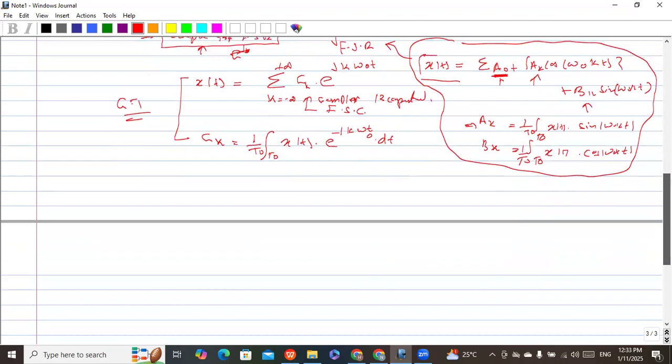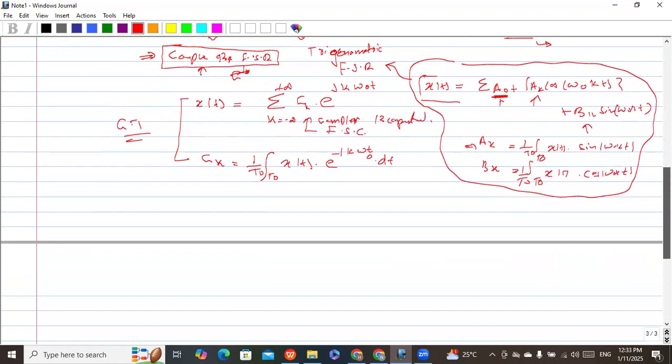Another thing is, this is for the continuous time periodic signal, where you have to do the integration. But for the discrete time signal, the same theory is there.